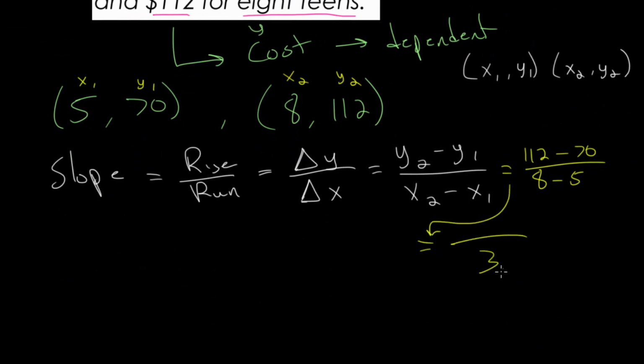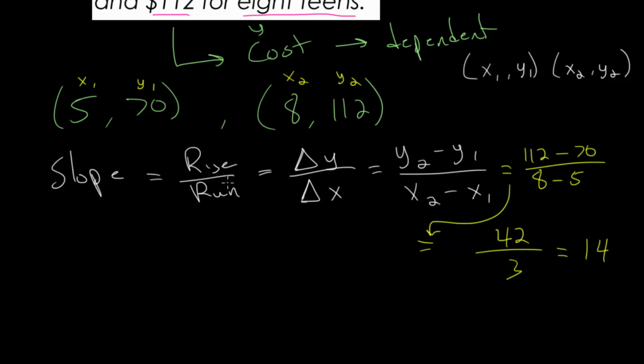We know in the denominator that difference is going to be 3. And in the numerator, it takes 30 to get to 100, then 12 more, so that is 42. And 3 goes into 42 14 times. So this looks to be our rate of change, but we need to interpret it based on the units.